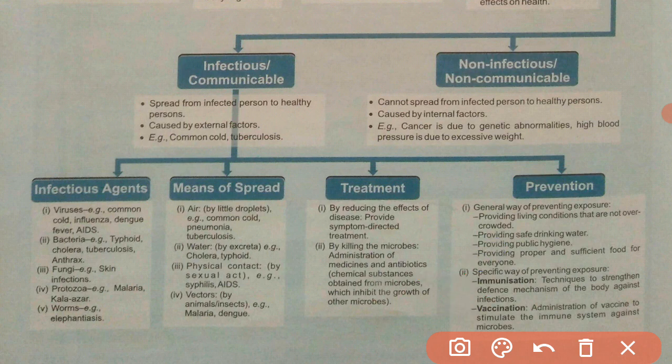In immunization we strengthen our defense system to save our body from any infection, and in vaccination we use vaccines to immunize our body against a particular microbe. So this is all about this video. Thank you.